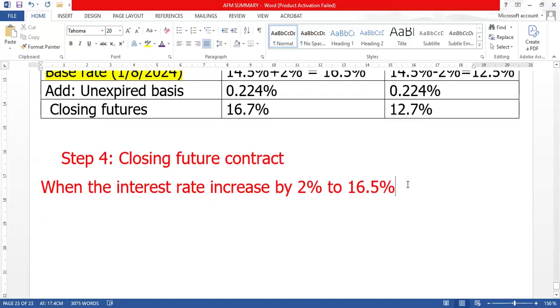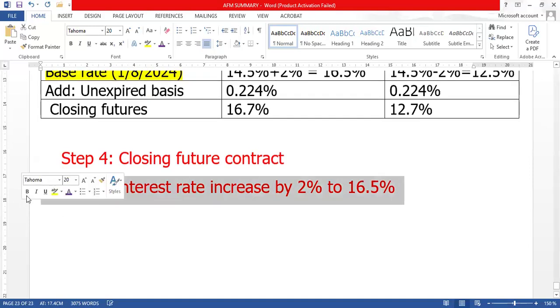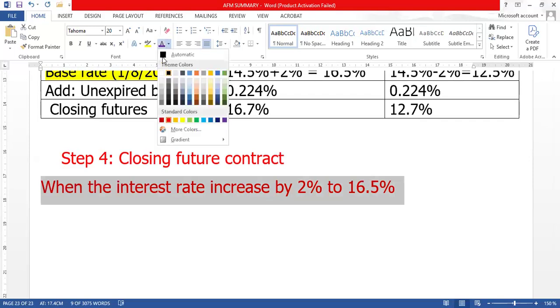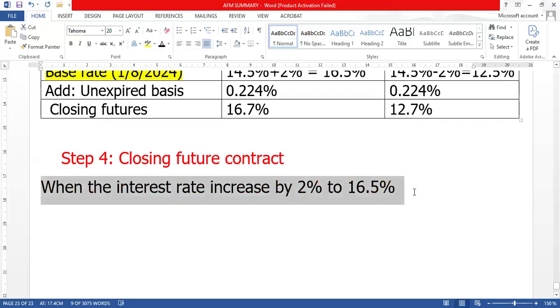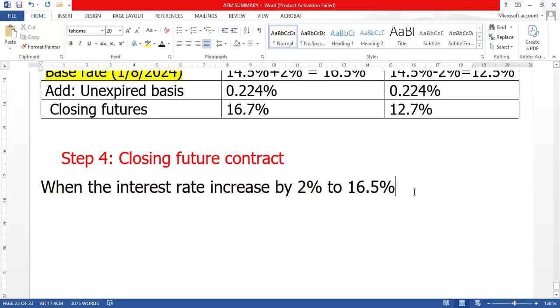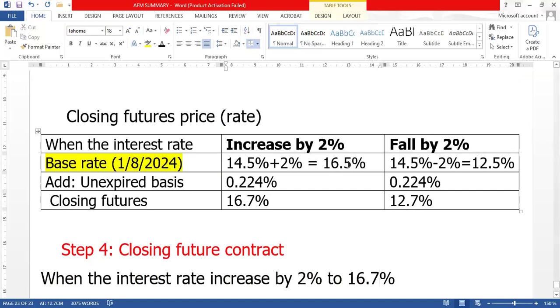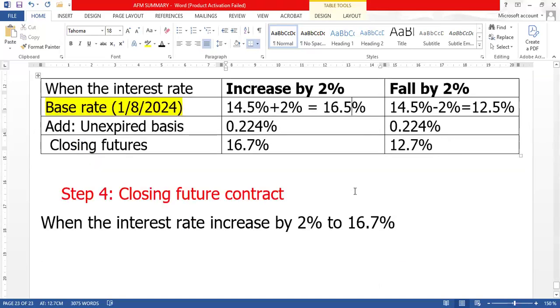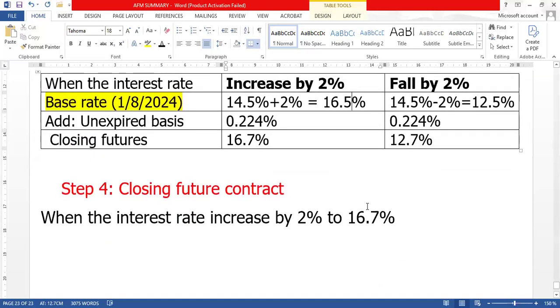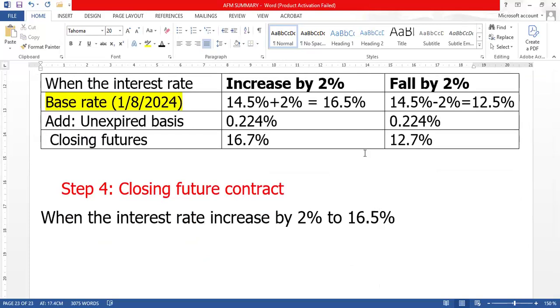If the interest rate 16.7... Yes. Then here it means that it is wrong as well. How is it 0.7? How are you getting 0.7?